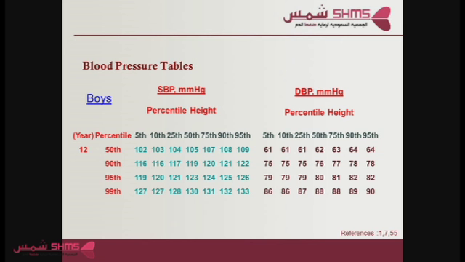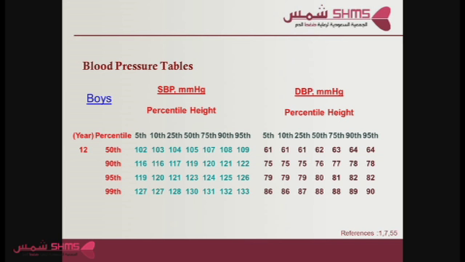So if we have, for example, a 12-year-old child whose height is on the 75th percentile and his systolic blood pressure is 105, he would be considered normal. But if he is on the 5th percentile, the same child, if his blood pressure value is 103, he is hypertensive.